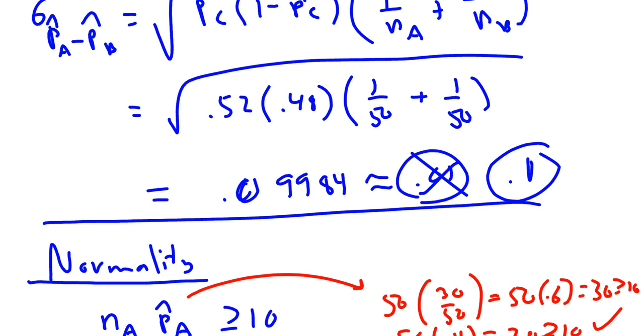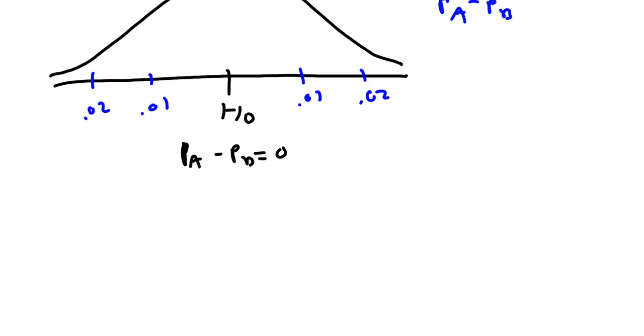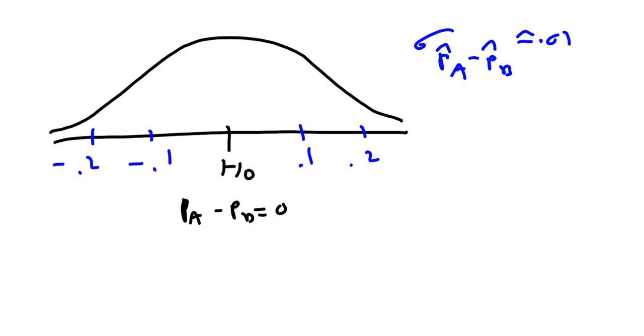That's going to make a big difference for us when we draw a normal distribution. So these things here should have been 0.1, 0.2, negative 0.1, and negative 0.2. And that's because this standard deviation really is supposed to be 0.1. Okay, sorry about that mistake. Ideally, I shouldn't make them, but it happens.